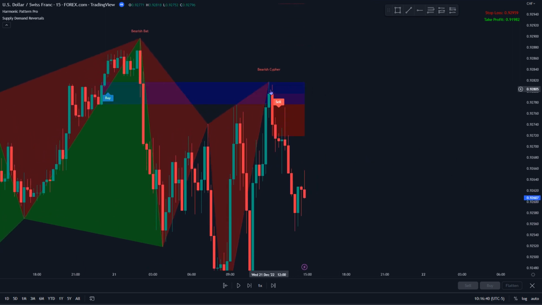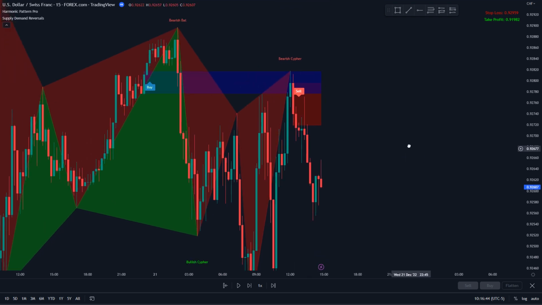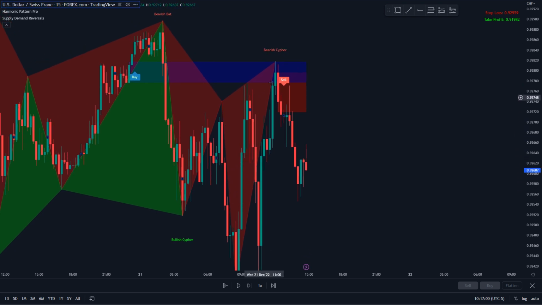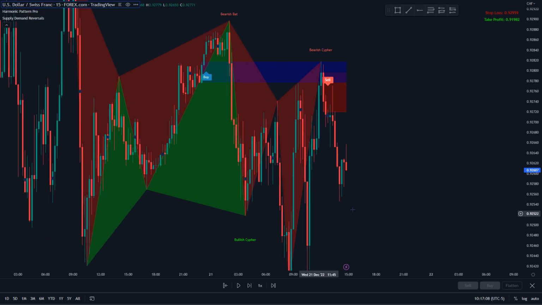So you could essentially, if you wanted to get in just off of the zone, because this is lining up with the 1-hour zone as well, sure, you could have. If you wanted to wait for some other confirmations, maybe the bearish pattern, the cipher forms here, break, retracement back into this zone here, and then fall.